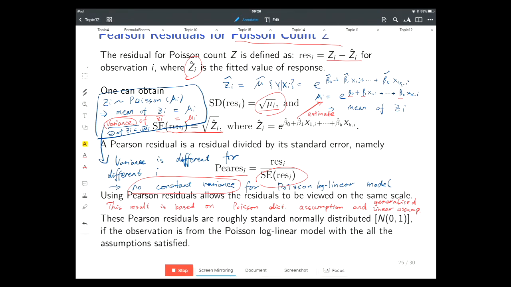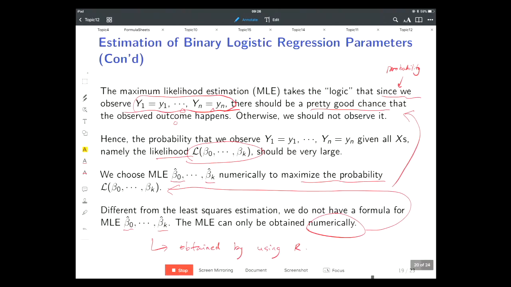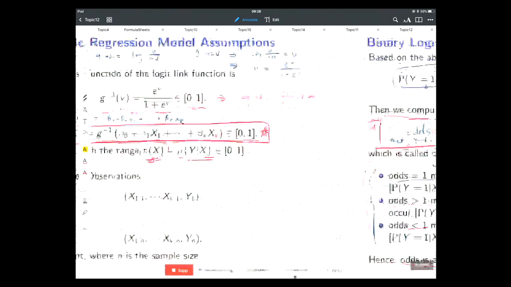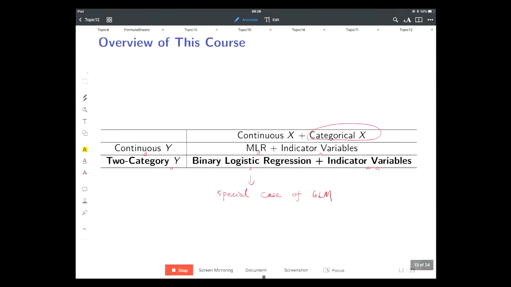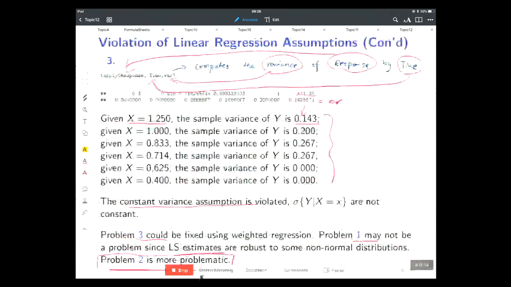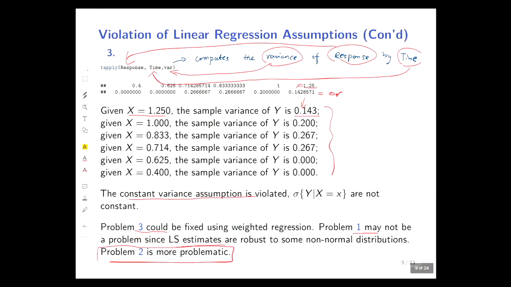And I think similarly, if you still remember the binary logistic regression model, so this is topic 10. In the binary logistic regression model, we also look at the variance of the response. They are also different.